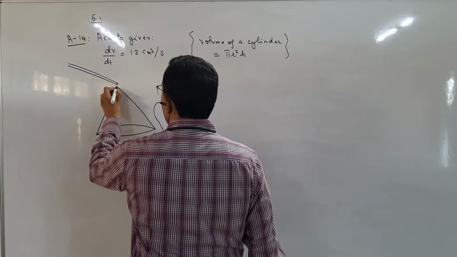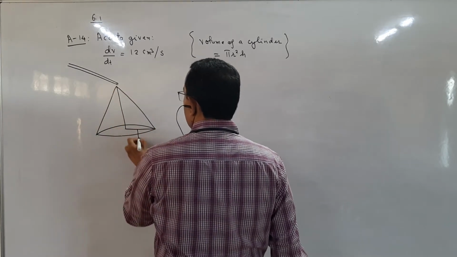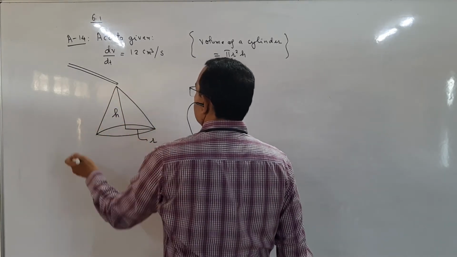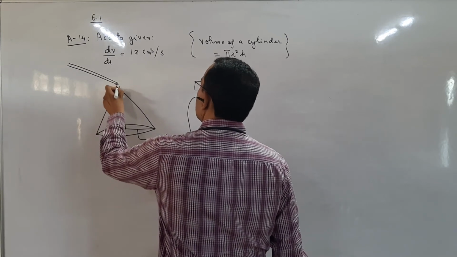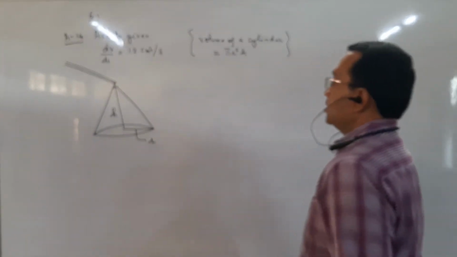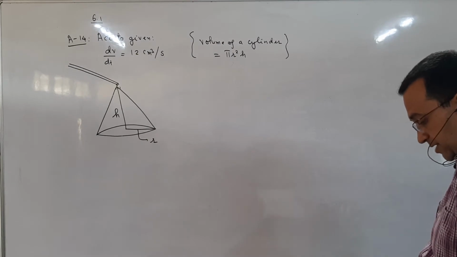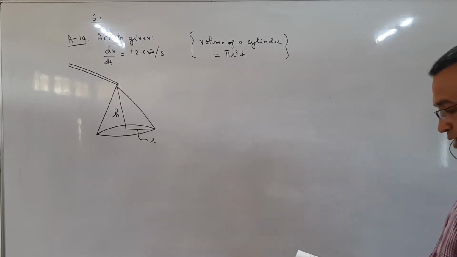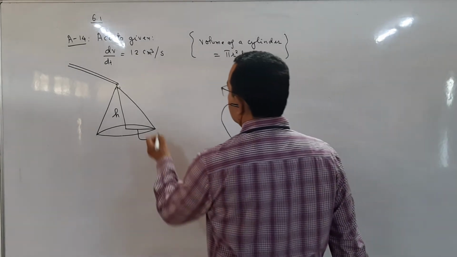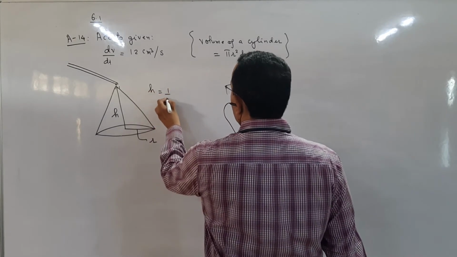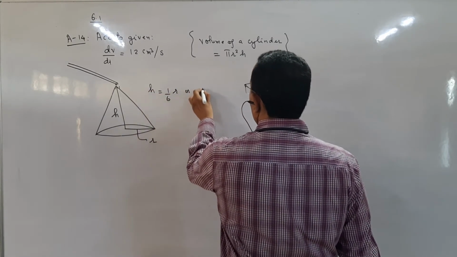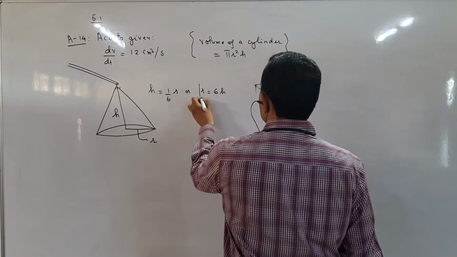This is the vertical height, and this is the radius. Here the sand is falling. It is given that the height of the cone is always 1/6 of the radius of the base. So h is equal to 1/6 into r, or r is equal to 6h.